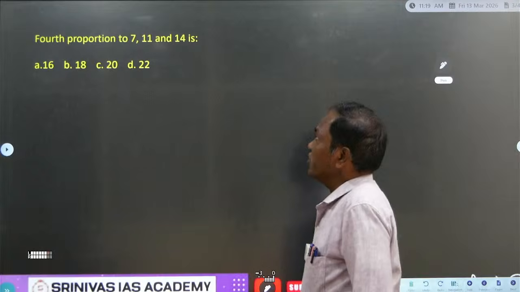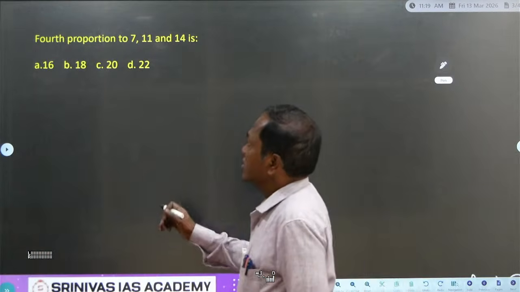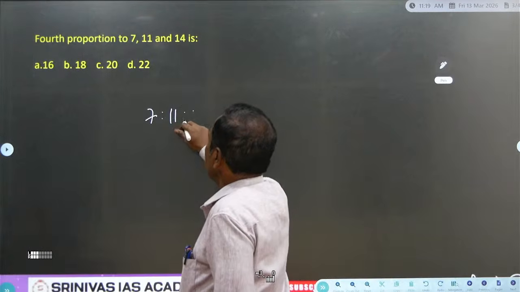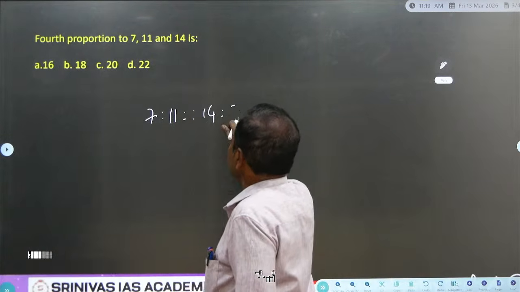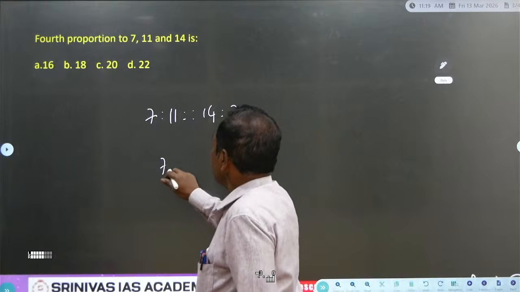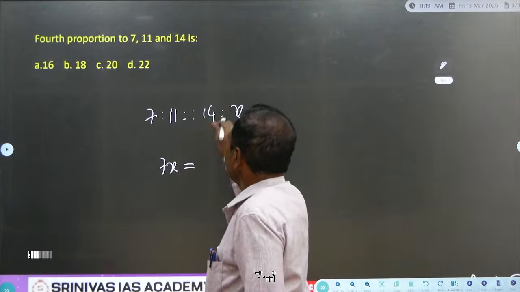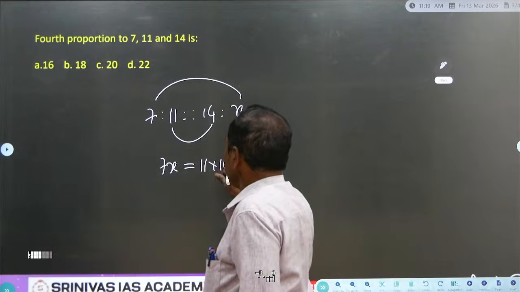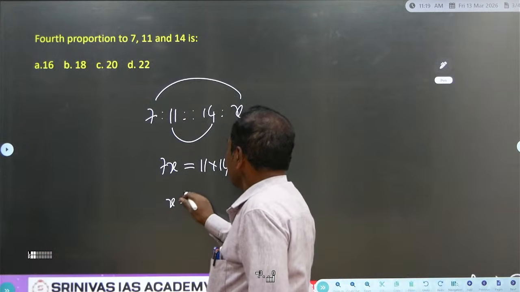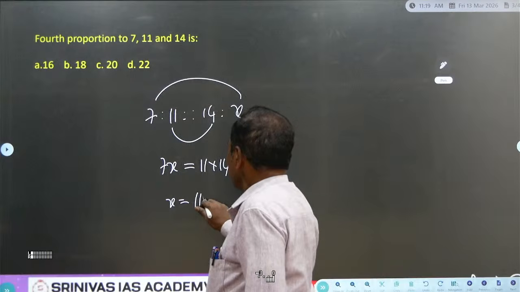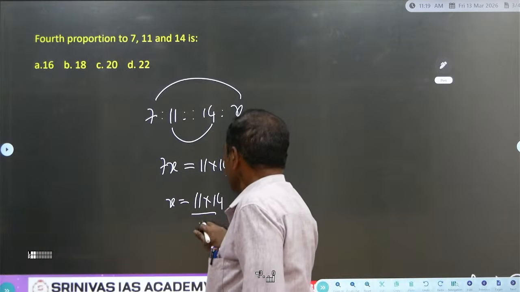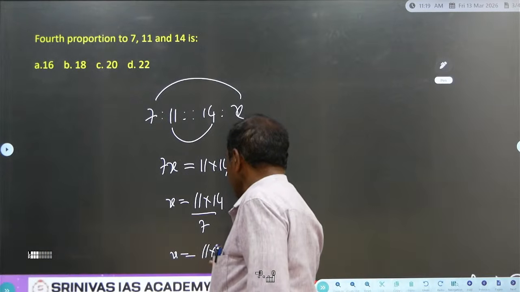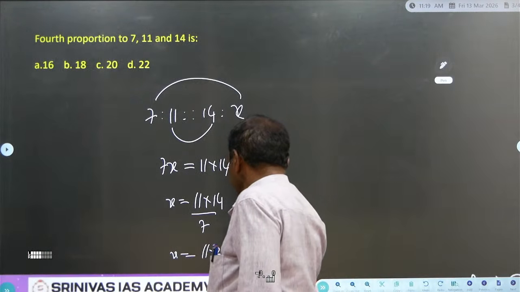Fourth proportion to 7, 11, 14 is 7, 11, 14, 2x. It means 7x is equal to 11 into 14. X value is what? 11 into 14 by 7. X value is 11 into 2, so that is 22.